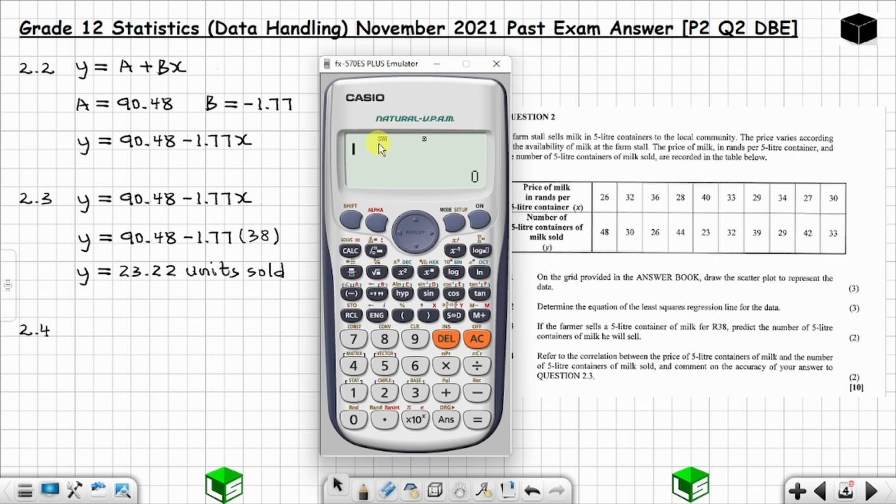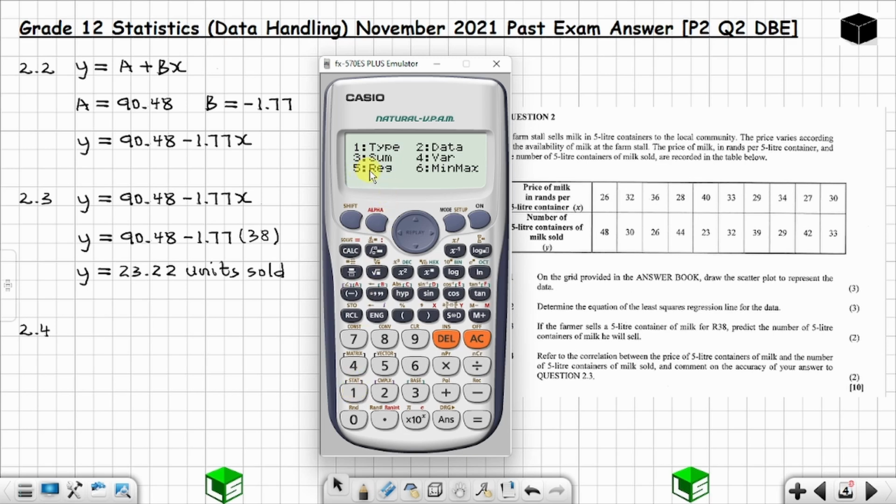You can see you have start there. It means that the values that you inserted in the calculator are still in the memory of the calculator. So there is no need for you to go back and insert the values again. All you have to do is to press shift. So you press shift and then you choose start, which is on 1. Okay.